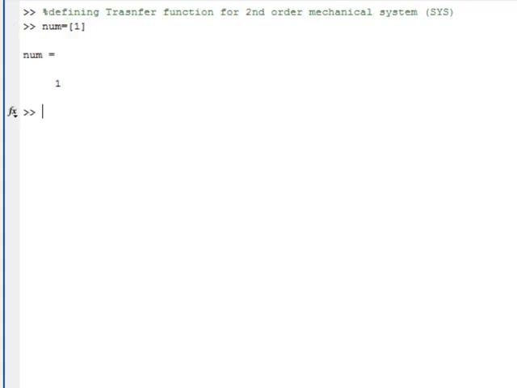And to write the denominator, we are using the variable dn. We know the coefficients of the characteristic equation at the denominator, and we are going to write this as a vector. So the coefficients are: for s square it is 1, for s it is 5, and for the constant it is 20.